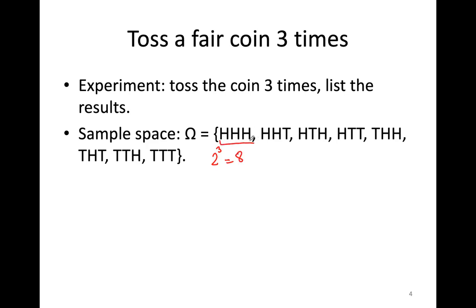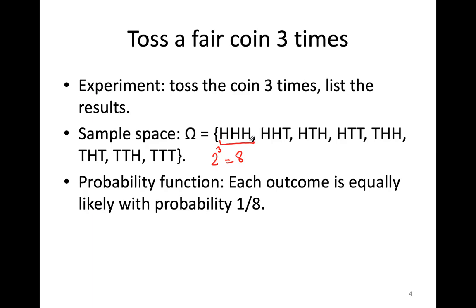This is my sample space. For the probability function, the probability of obtaining 3 heads is 1 over 8. Obtaining each combination has a probability equal to 1 over 8.